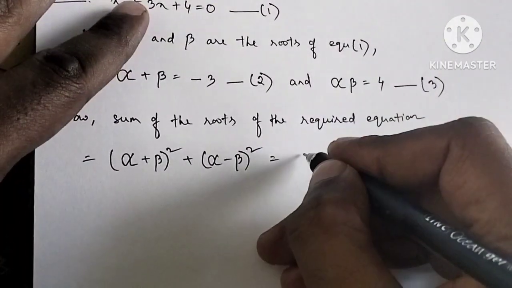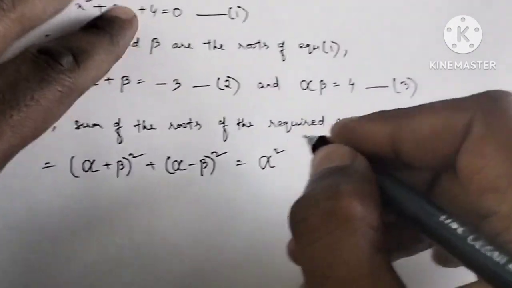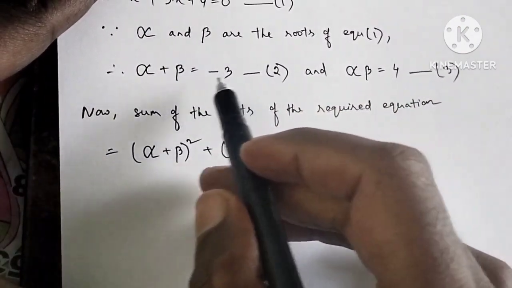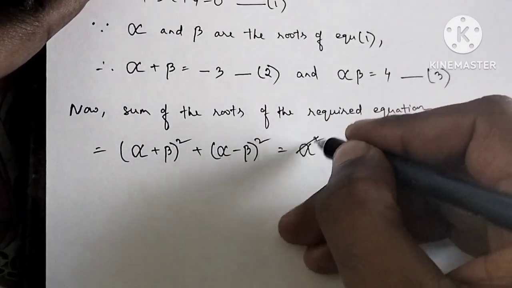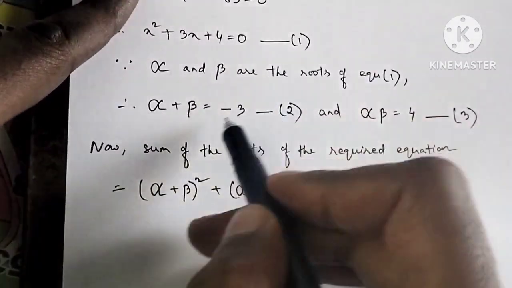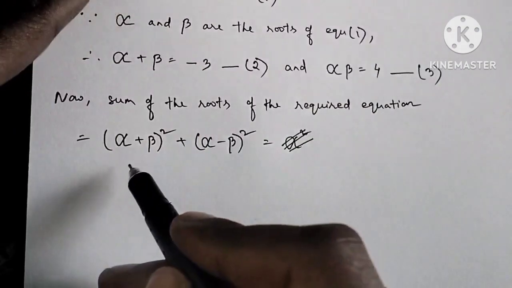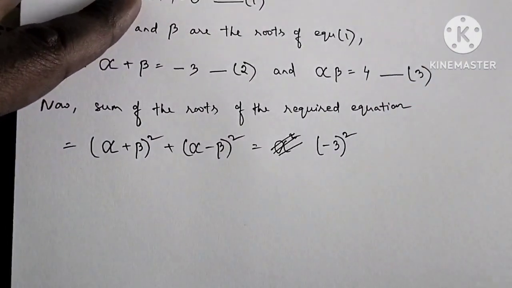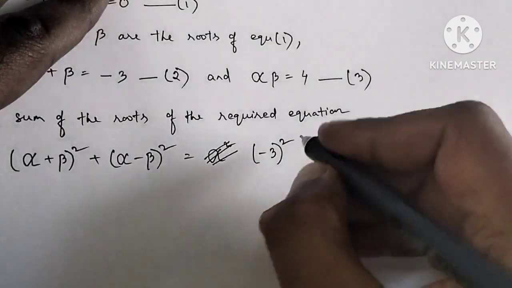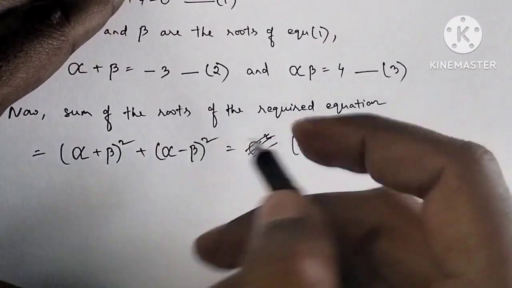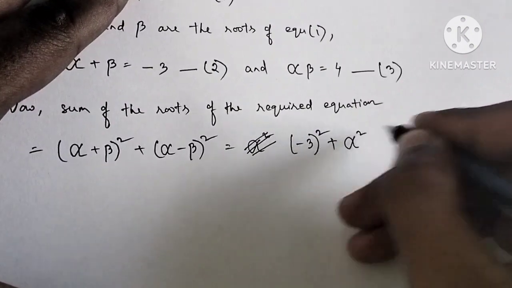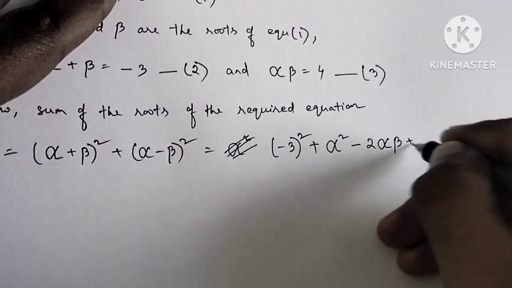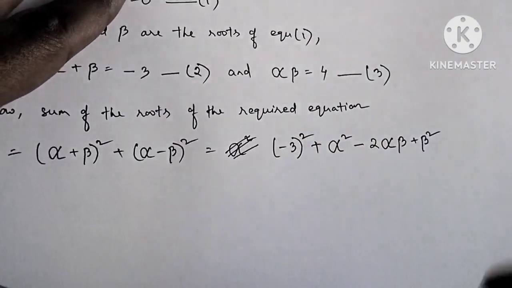So it will be, alpha plus beta is already minus 3, so we'll put (minus 3) square, plus alpha square minus 2 alpha beta plus beta square.